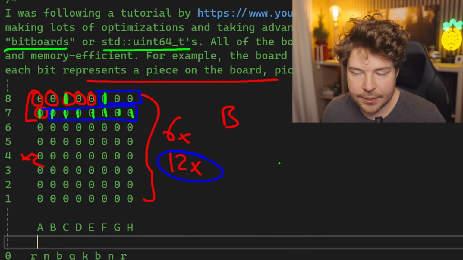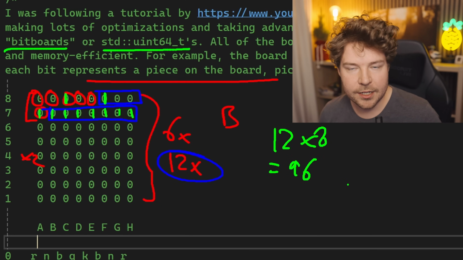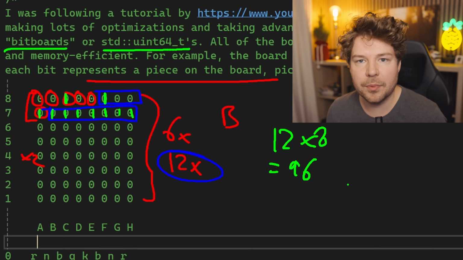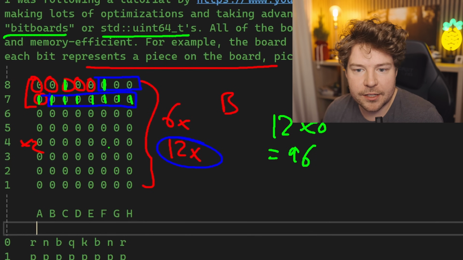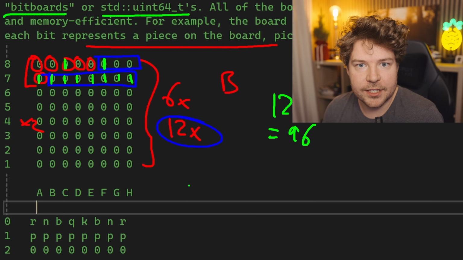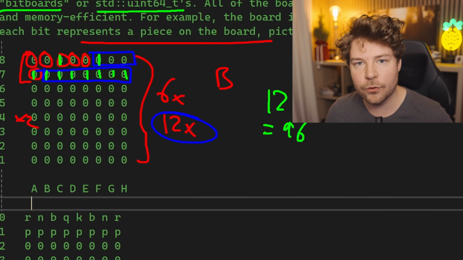Because in this case, is this the most compact way to store this data? Well, absolutely not. 12 uint64s is 12 times 8 bytes. Right? So we have 96 bytes of data that represent the whole game board. We could easily do this in probably half, because if we chose to represent this from the board's point of view, say we still have 64 different squares to represent, how many bits would we need to represent a particular piece type for that square?